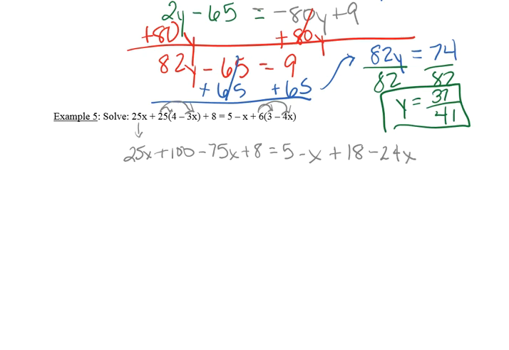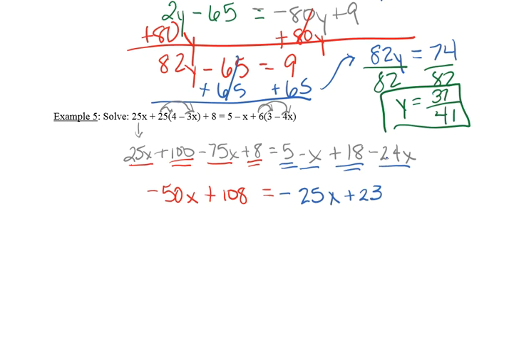So now we're going to go through and find like terms. I have 25x minus 75x, so I have negative 50x. I have 100 plus 8, or 108. On this side, I have a negative x and a negative 24x for negative 25x. I have 5 plus 18, so I have 23.